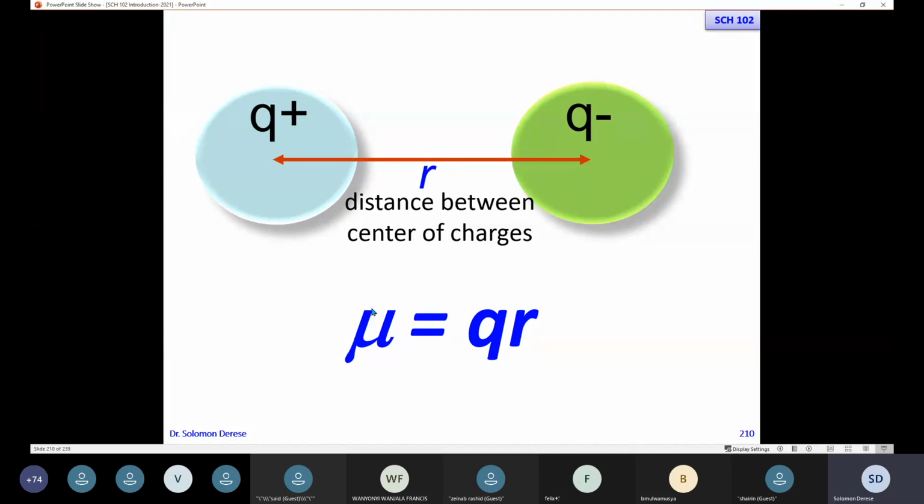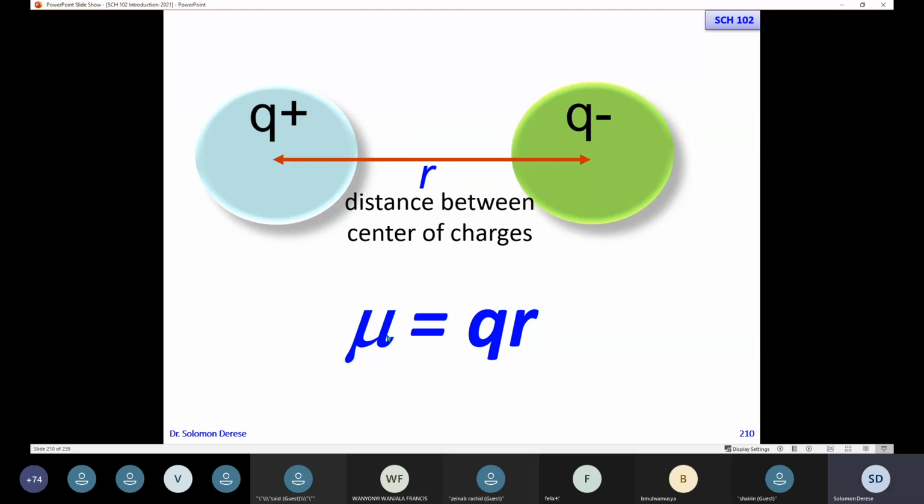That's why I was telling you the polarization of a bond depends on two factors. One is the difference in electronegativity. The other is the size. Because, for example, if one of the atoms is big, the distance between them is going to be big.